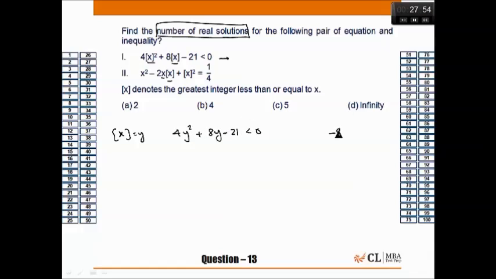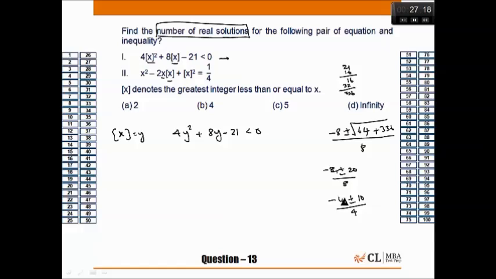So minus b plus or minus the root of b squared minus 4ac. 4ac is 4 times 4 times 21, which is 21 into 16, that's 336. Then divided by twice a, which is 8. That'll be 400, and the root of 400 is 20. So minus 8 plus or minus 20 by 8, that is minus 4 plus or minus 10 by 4.